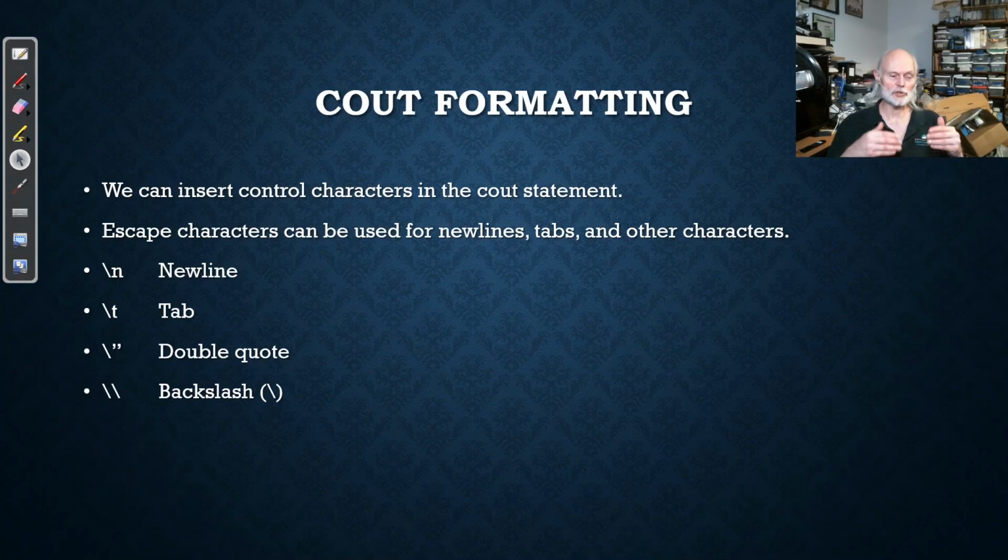If I want to actually display a double quote, I use the backslash double quote. And if I want to display a backslash, use the backslash. There are some other escape characters, but these are the only ones I really ever use. And if I need any of the others, I actually have to look them up anyway.